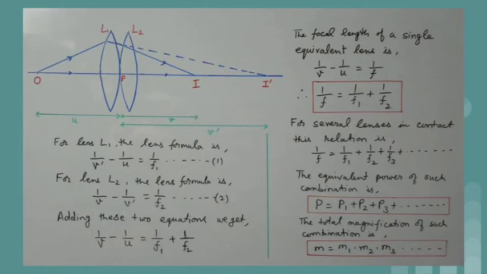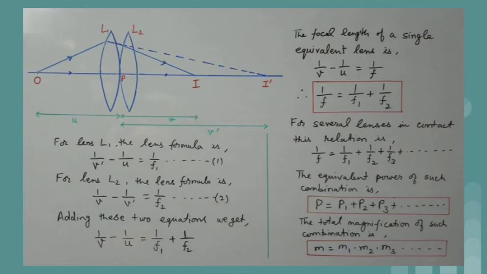Therefore, for first lens L1, the lens formula is 1 by v' minus 1 by u is equal to 1 by f1. And for the second lens L2, the lens formula is 1 by v minus 1 by v' is equal to 1 by f2. Adding these two equations, we get 1 by v minus 1 by u is equal to 1 by f1 plus 1 by f2.